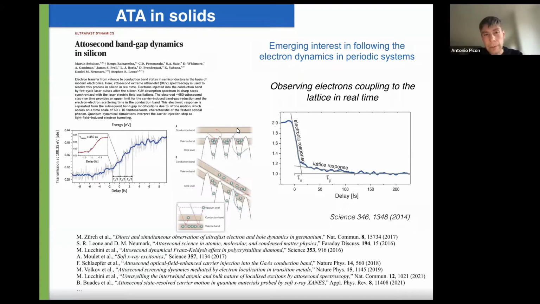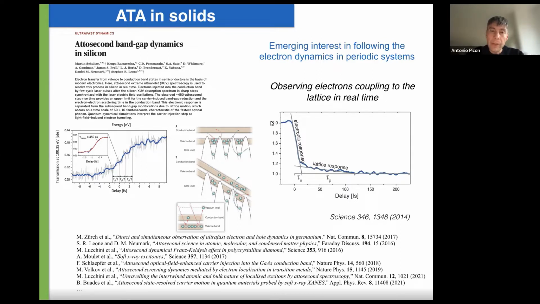And what they study with ATA is that they were able to grab this kinetic plot. You see that the resolution is in the attosecond range. This carrier injection just happened in 8 femtoseconds, and we have this really nice resolution.